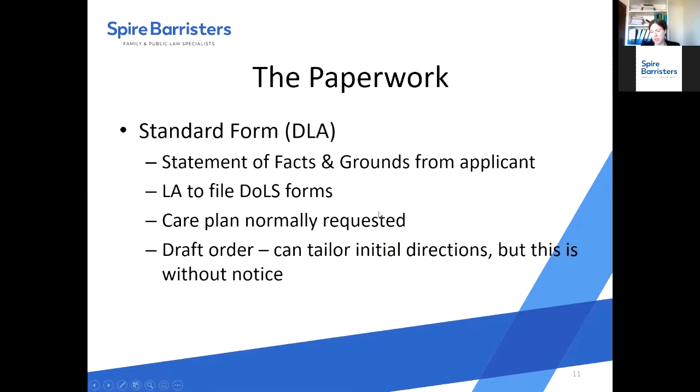Very briefly then, I just want to look at the paperwork. As I've said, there's the standard form and then the statement of facts and grounds from the applicant, whoever that might be. As I say, you will sometimes see these documents from P's solicitors, which purport to challenge all factors raised in section 21a, the qualifying requirements, purpose, period and conditions.